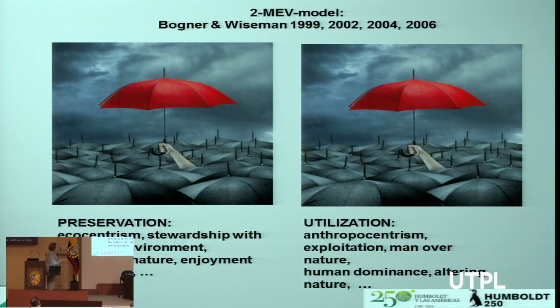And then, of course, under preservation, you could have several attitudes, you know, ecocentrism, stewardship, balance of nature, enjoyment of nature, whatever. There's everything possible. And utilization is the anthropocentrism, the exploitation, to see that there's a human dominance, or even to see which kind of nature is altered and which kind of nature is the original one.